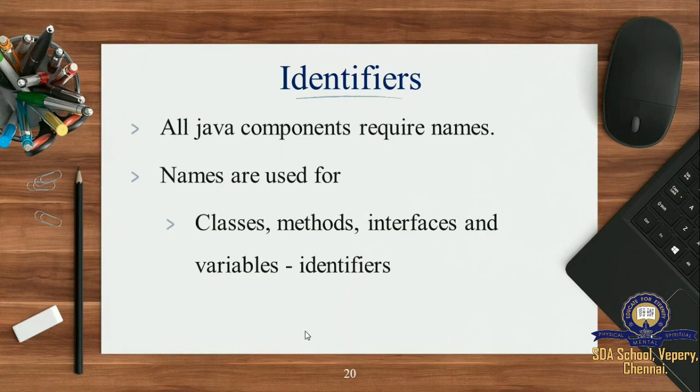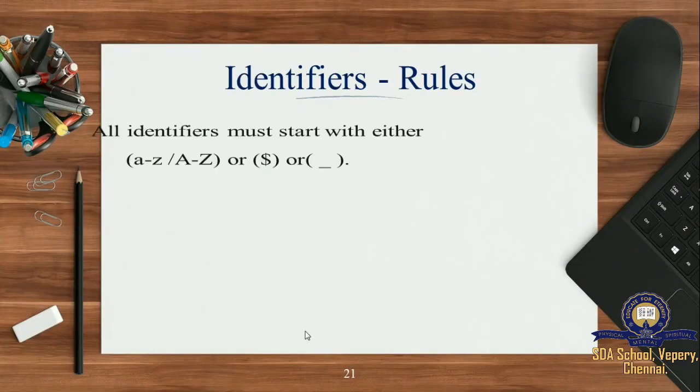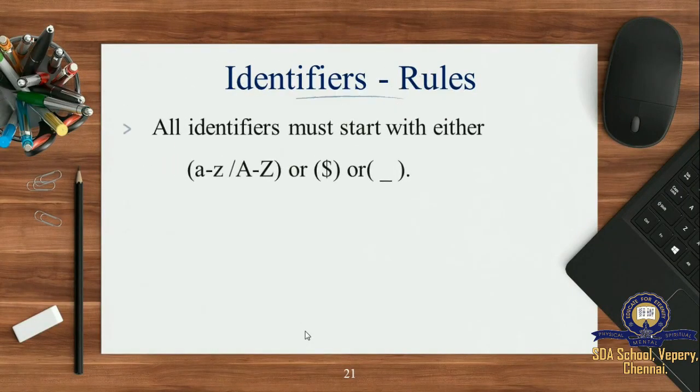Now we will see the rules for identifiers. If you write a program, you will give a class name, and how should that class name look? That is what we are going to tell you now. Rules. All identifiers must start with either small a to small z, or capital A to capital Z, or you can use two symbols: one is the currency symbol, that is the dollar symbol, or you can use underscore.